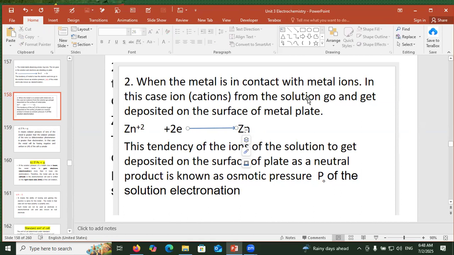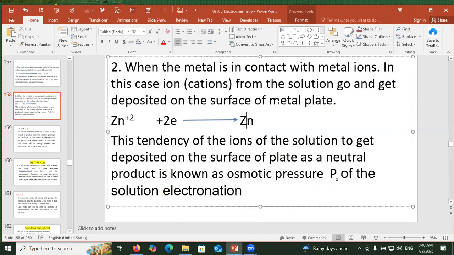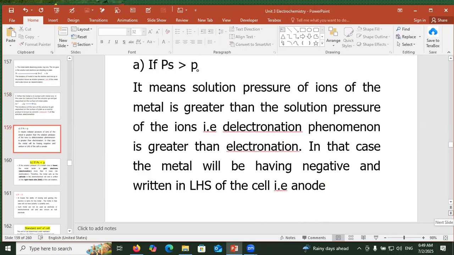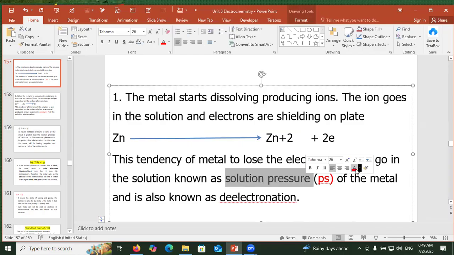In this case, the cations from the solution go and get deposited on the metal surface. This tendency of ions to get deposited on the surface is known as osmotic pressure. That is the electronation.